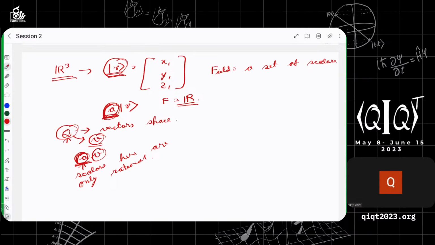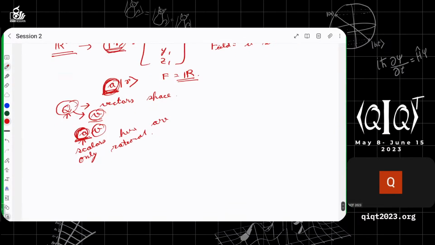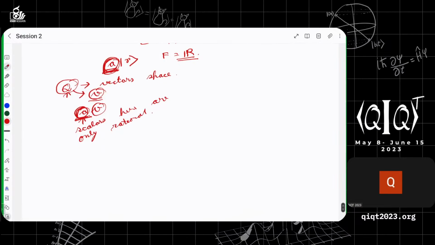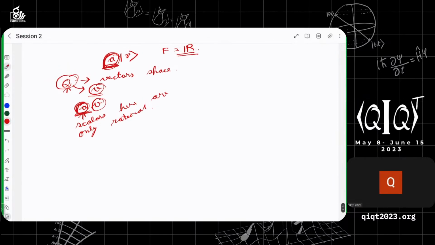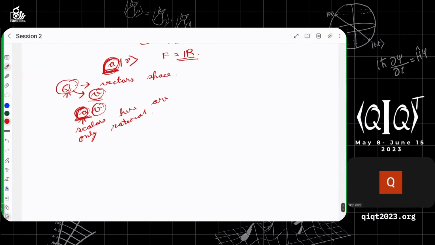So these concepts are mainly abstract. Vector spaces we can motivate physically with, say, the real vector space, but for fields I really don't know. Maybe there is some motivation, maybe there isn't, we don't know. Okay, any other questions?